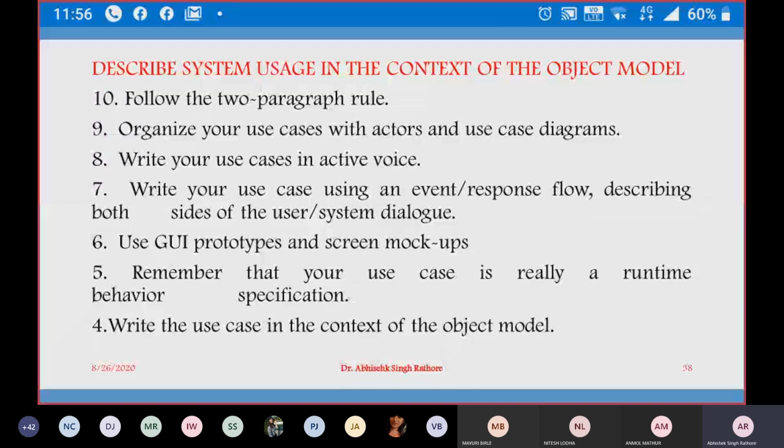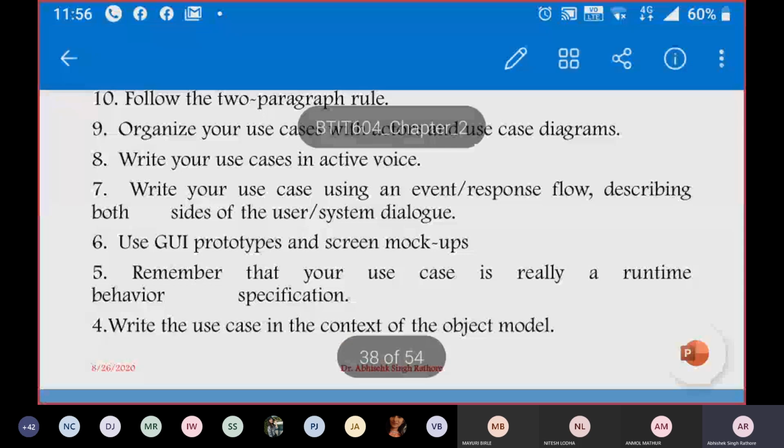So we have two types of statements, active voice and passive voice, and we avoid passive voice. Instead of the capability is provided for the user to log into the system using password protected authorization, we can say the user enters his username and password or credentials to log into your system and then clicks the login button. It is good practice to include active voice instead of passive voice.